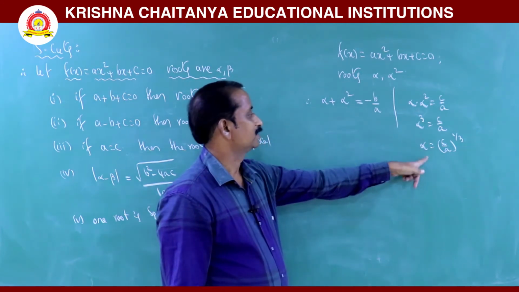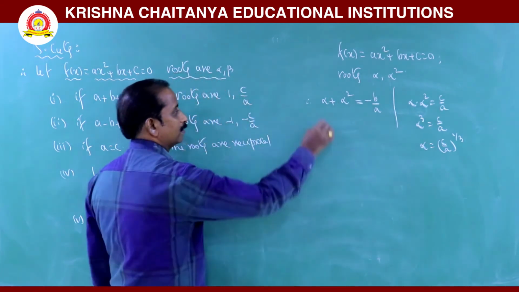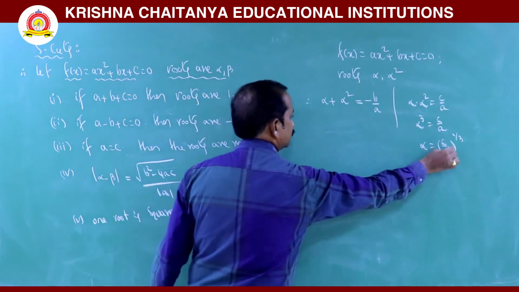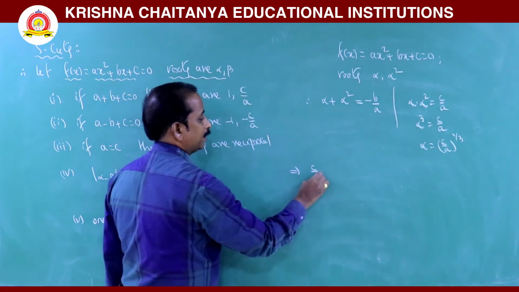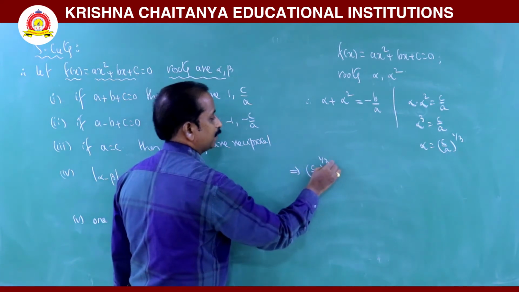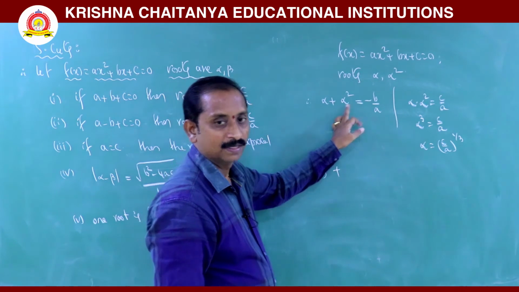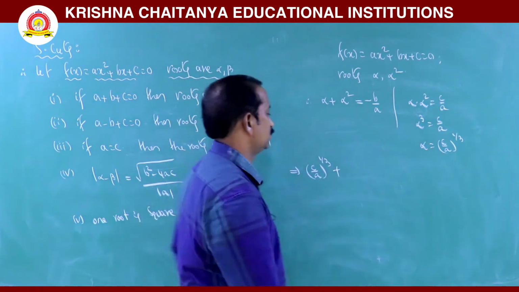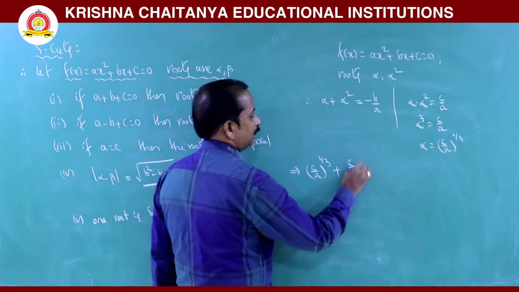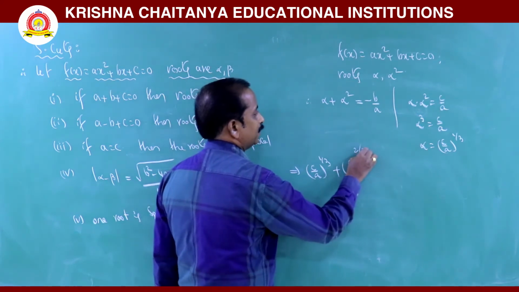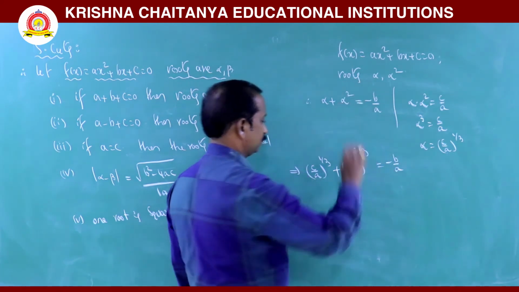Now replace alpha in the sum of the roots. Alpha is nothing but c by a whole to the power 1 by 3. So c by a whole to the power of 1 by 3 plus alpha square. Alpha square means c by a whole power 1 by 3 whole square, which is c by a whole to the power of 2 by 3, is equal to minus b by a.